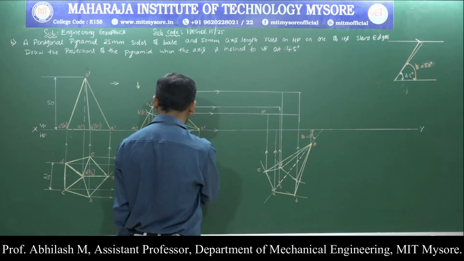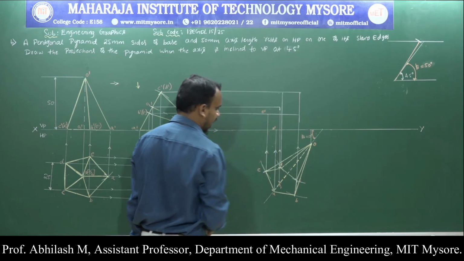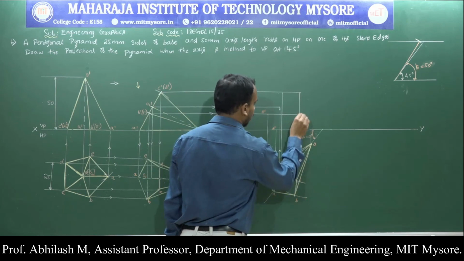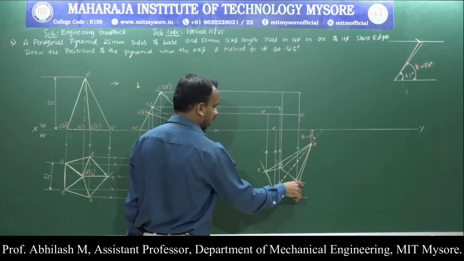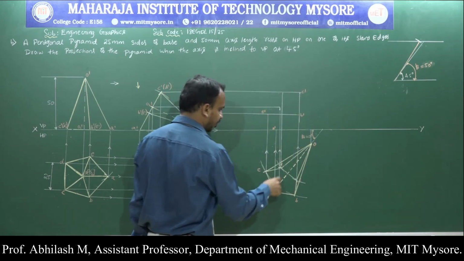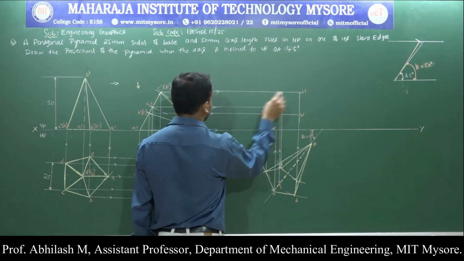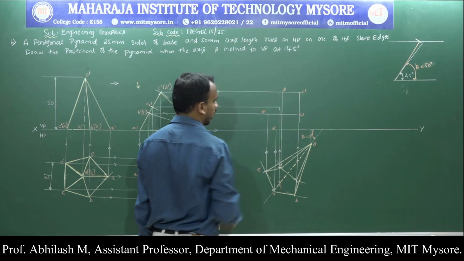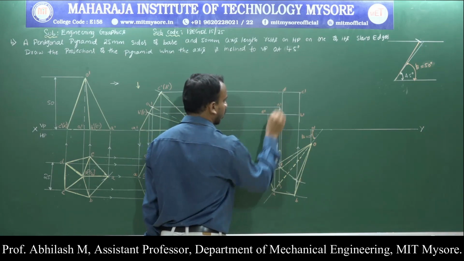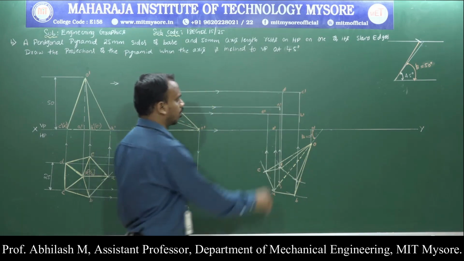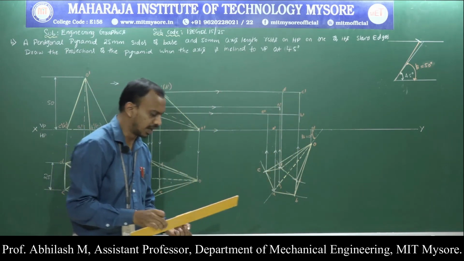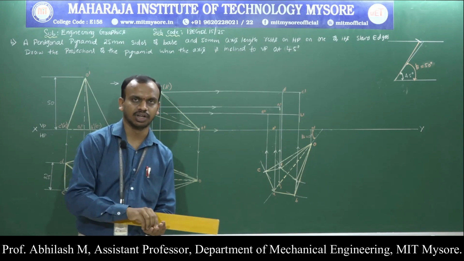Similarly I have A dash, B dash, and C dash, D dash, O dash, O1 dash. We have named all the points A, B, C, D and E dash. So let us apply the conditions and complete the final position.